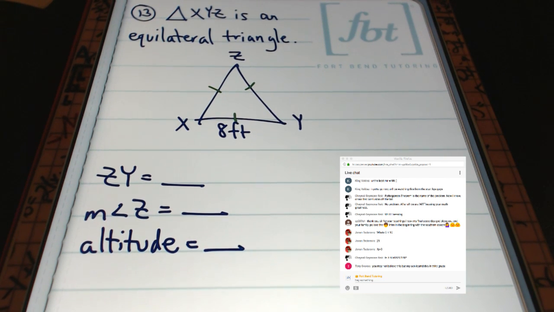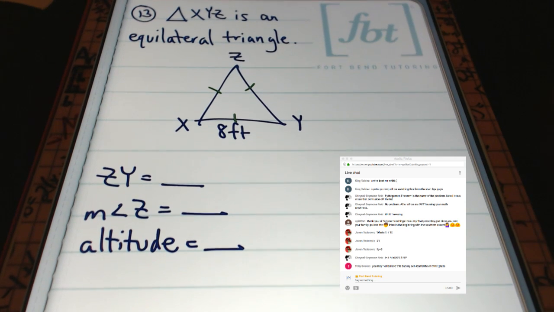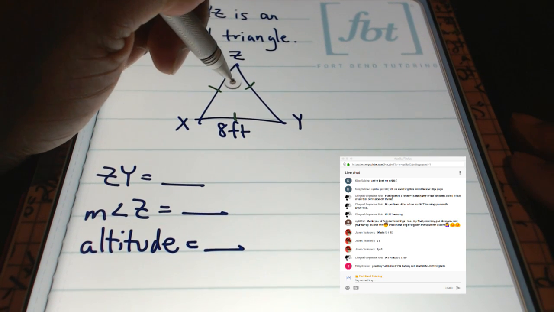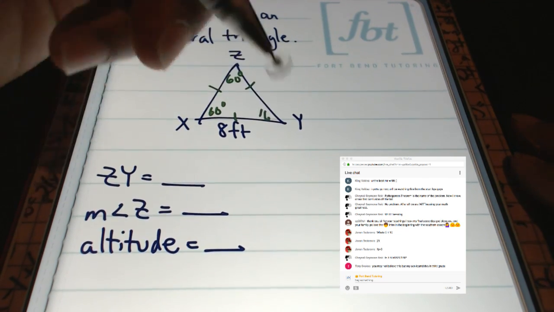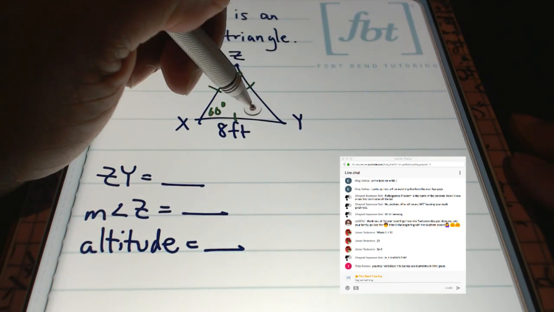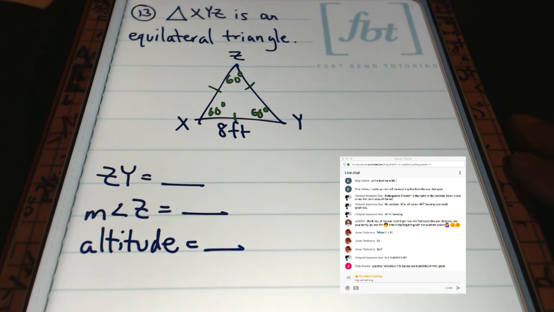Another thing you want to know about equilateral triangles is that all the angles must be 60 degrees. You have a total of 180 degrees within the triangle, and since all of the side lengths and angles are congruent to one another, all you have to say is 3x equals 180 divided by 3 to get every angle being equal to 60 degrees.